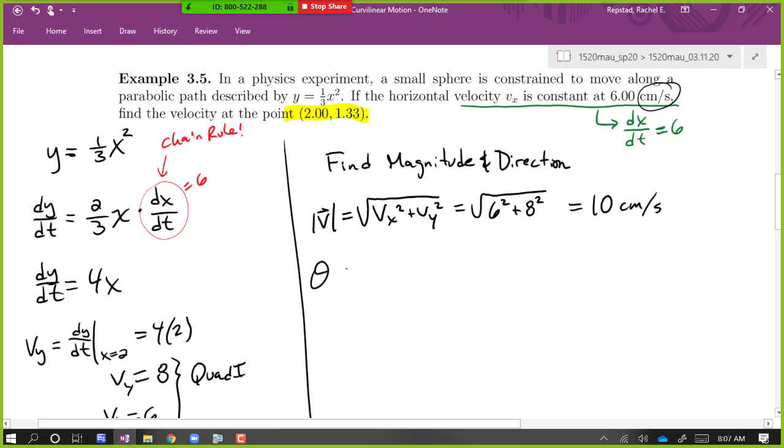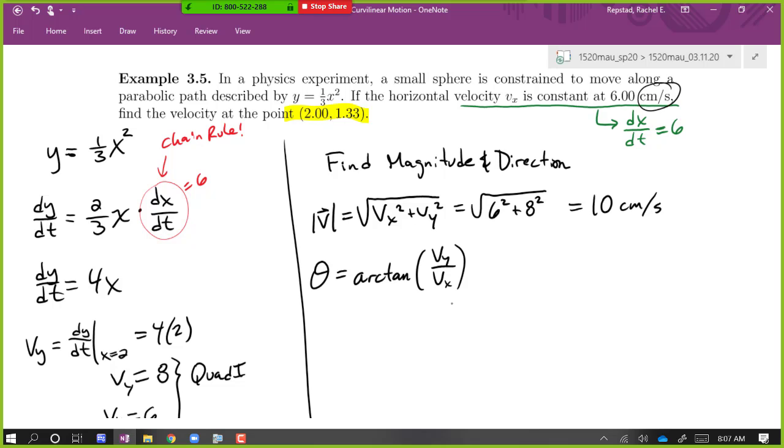And theta is arctan of Vy over Vx. It's always the y over the x. Usually we say we have to make sure everything's positive, and we put the absolute value signs.